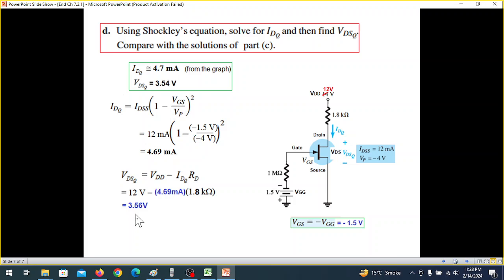So VDSQ is 3.56. So if you compare, the VDSQ from the graph was 3.54, and from Shockley's equation it is 3.56. Therefore, we can say that the comparison is very good. They are very close. I hope you have been able to follow this. Please let me know through your comments. Thank you.